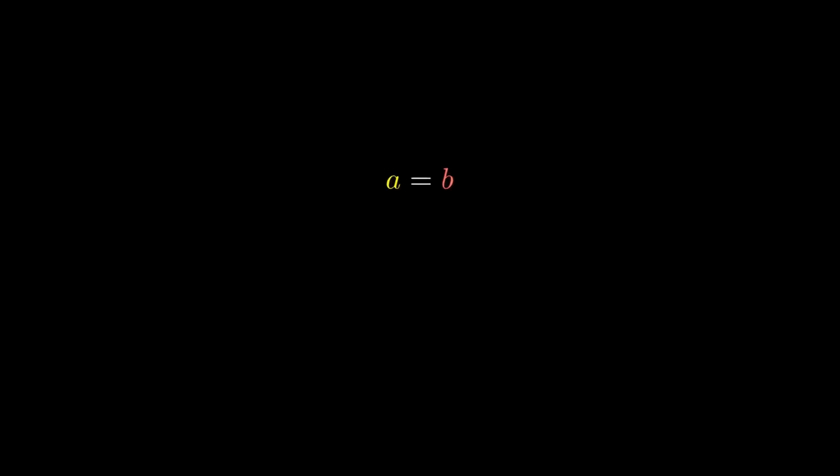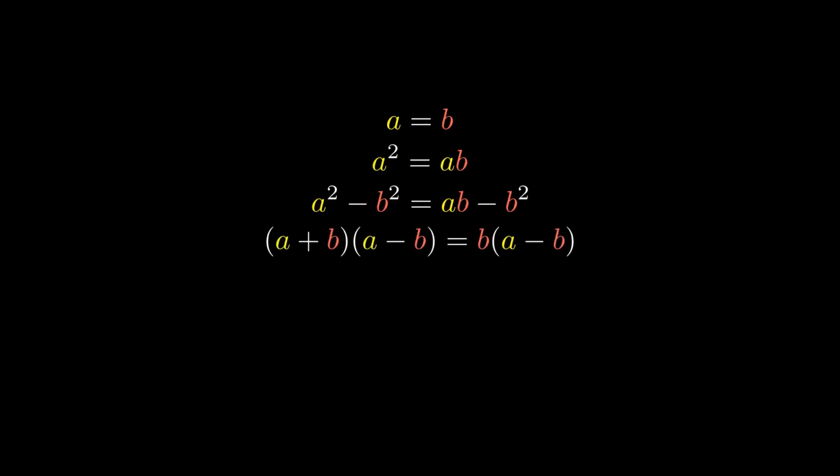Let us now assume that a equals b. Then multiplying both sides by a results in a square equals ab. Subtracting b square from both sides yields a square minus b square equals ab minus b square. Factoring both sides, we get (a plus b) times (a minus b) equals b times (a minus b).